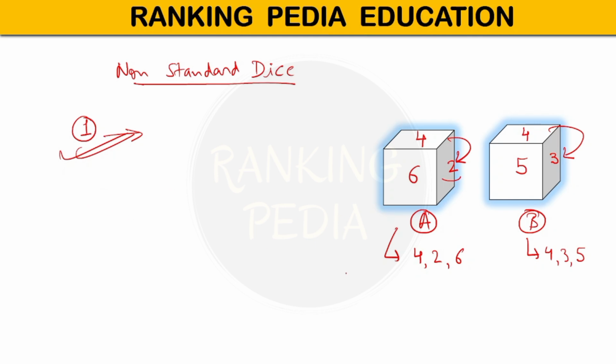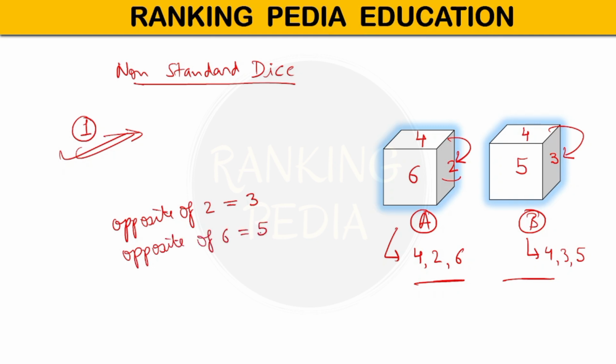So on comparing these numbers, the opposite of 2 is 3, and the opposite of 6 is 5, because when we rotated clockwise, we compared. 4 was common, present on top, and 6 was in front, and when we rotated B clockwise, we got 5 in front.